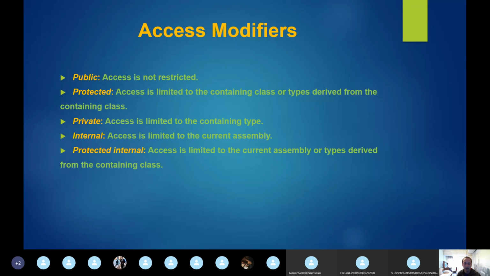When we use private, the access is completely limited, and this method or field can be accessed only inside the class itself. So they can also be internal and protected internal. These are the special cases.